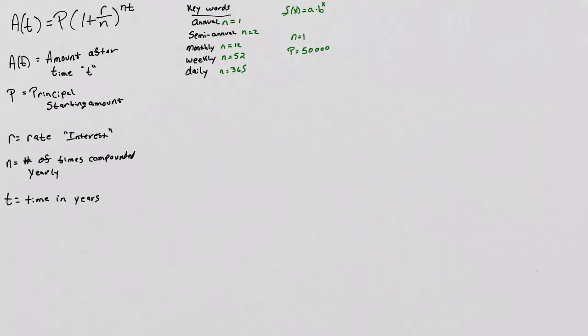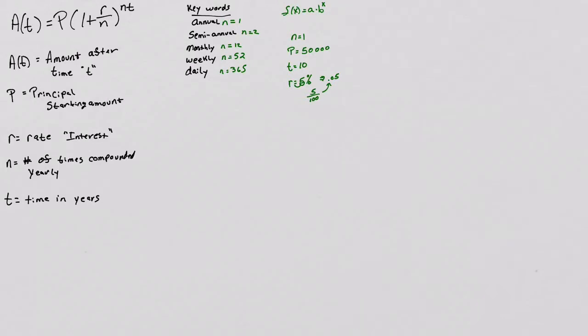And we're going to figure out how much money she's going to have in her account after 10 years. And her rate, they said, was 5%. So my r is 5%. And if you remember how to convert percents to decimals, you can just move the decimal 2 places to be 0.05. Or you can just do 5 divided by 100, which will also give you 0.05.